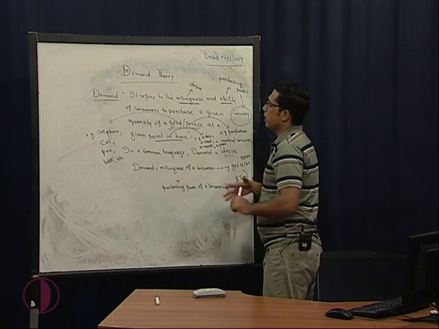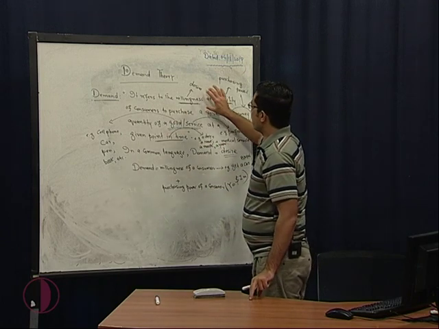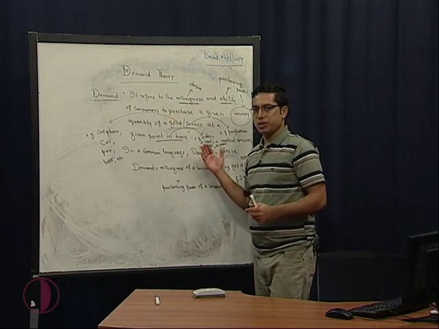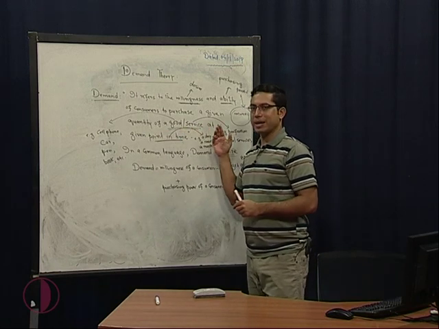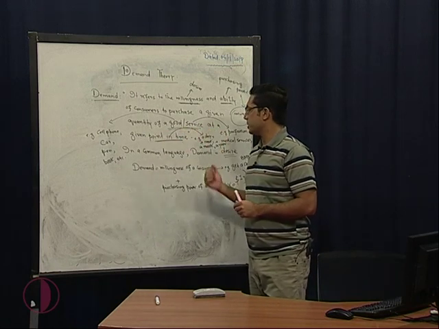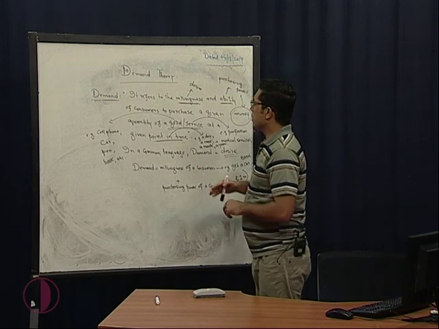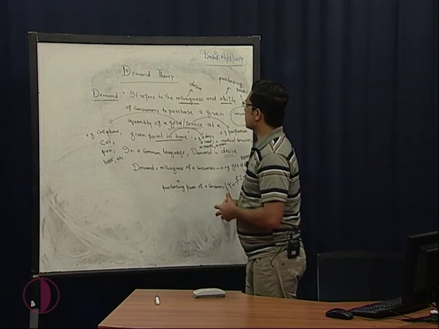So, demand means the willingness and ability of consumers to purchase a given quantity of a good or service at a given point in time. So, this was the basic concept of demand.